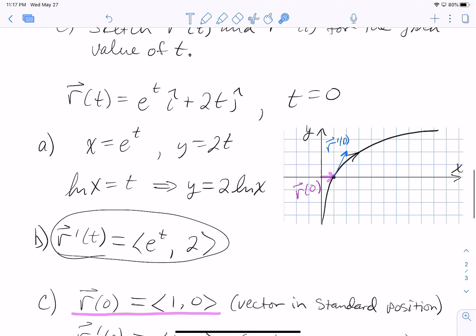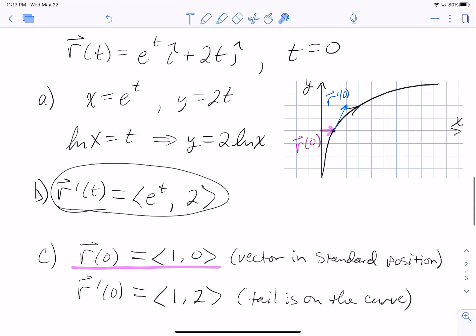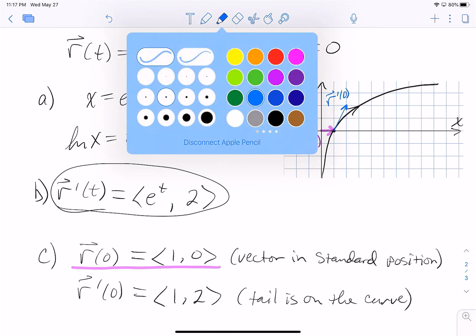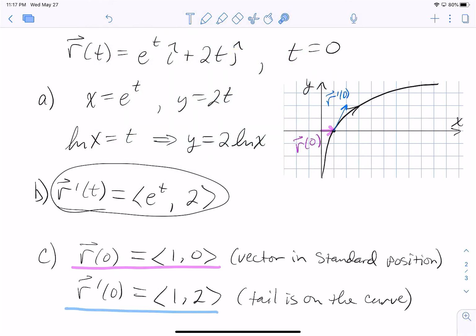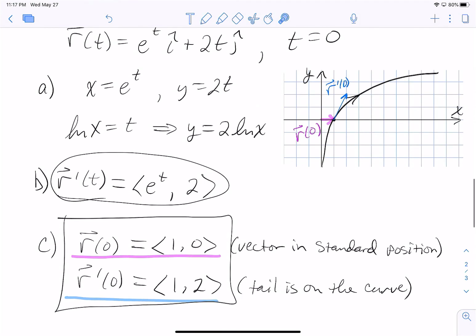So the tail of the tangent vector is on the curve. The tail of the position vector, though, is in standard position, so its tail is at the origin. Well, since we were asked to find these two, I'm going to put them in a box, and then they are also in the picture and labeled. Folks, I am demonstrating proper technique for you.